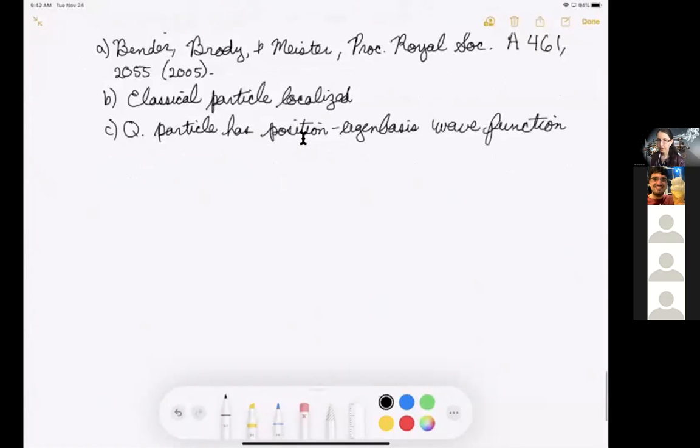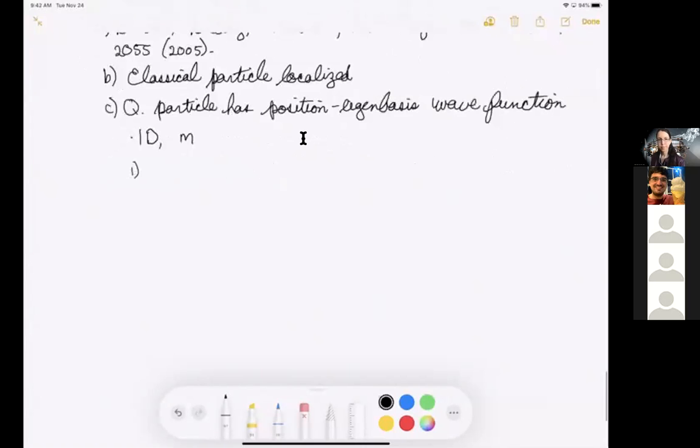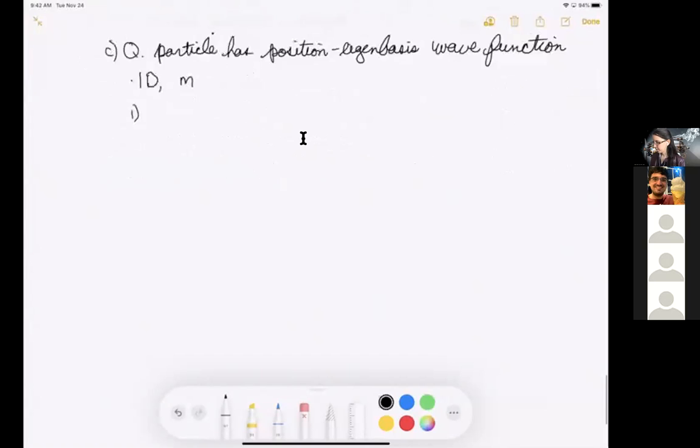So suppose that the particle is in one dimension and has a mass m. Then we have our favorite quantum particle in a box problem. Suppose this is the x-axis. Here's the origin. Here's the box's length. We have this potential. And on the y-axis, we're going to draw the amplitude of the wave function.